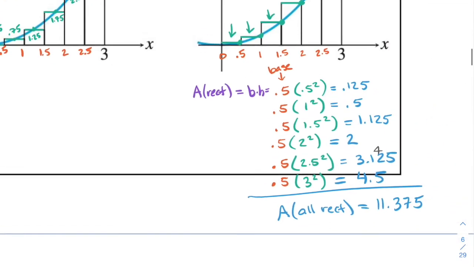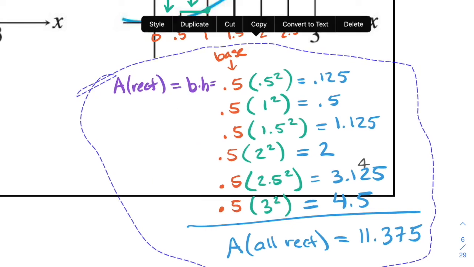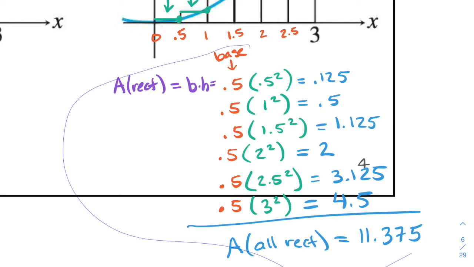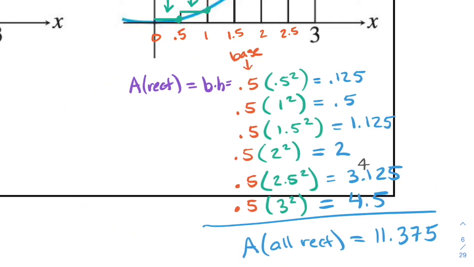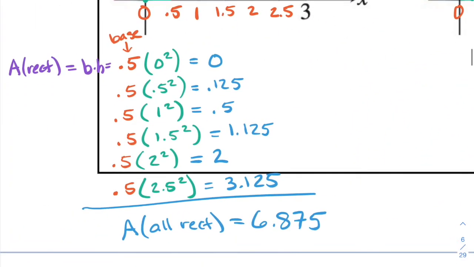So I am going to copy this over, but we are going to have to do a lot of work here to change these numbers. Okay. Let me see if I can move this over just a little bit. That's as far right as that will go. This appears to be as far left.